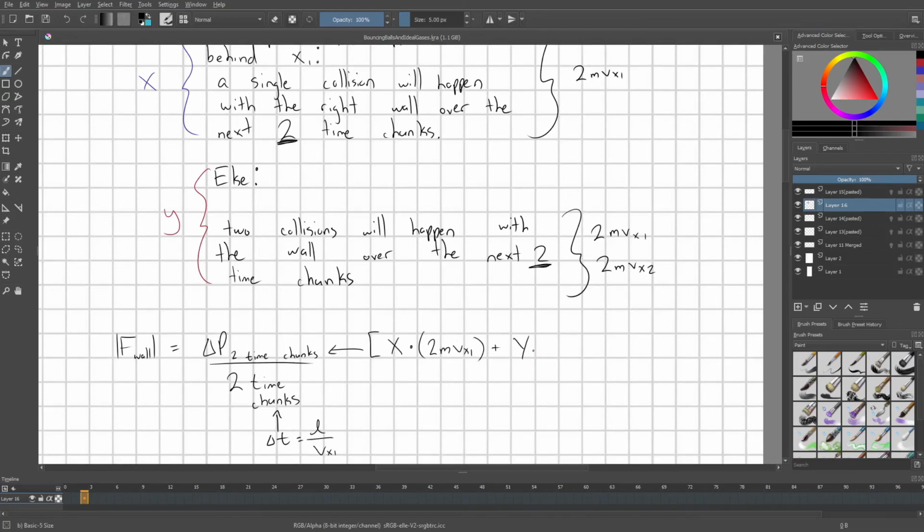And y fraction of times, we get 2mvx1 plus 2mvx2 as our momentum transfers. So this accounts for the single collision situations. And this term here accounts for the double collision situations.